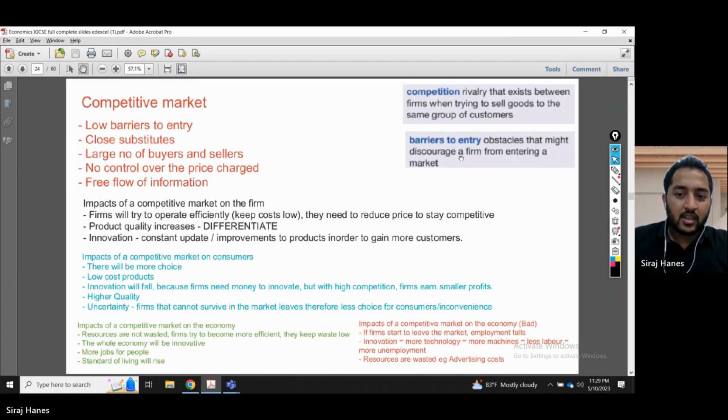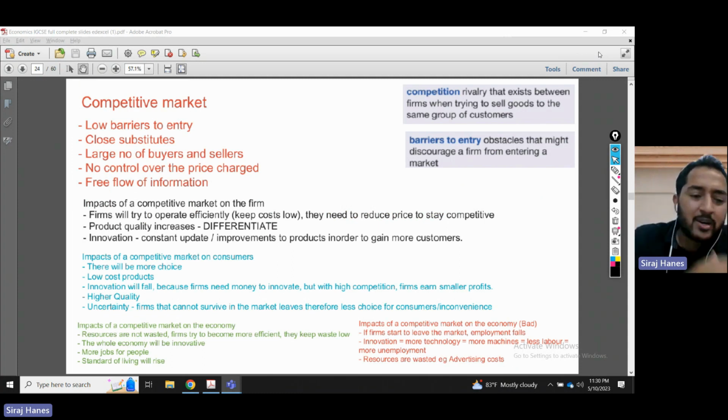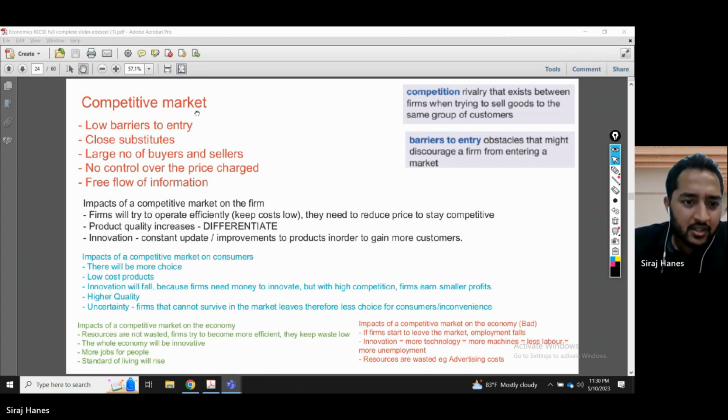Next one, competitive markets. Competitive markets are where there are low barriers to entry, where people can just enter the market very easily. Barriers to entry are anything that block you from entering the market. Maybe you need a lot of machinery and whatnot. No barriers to entry. People can easily enter. There are close substitutes. There's a large number of buyers and sellers.